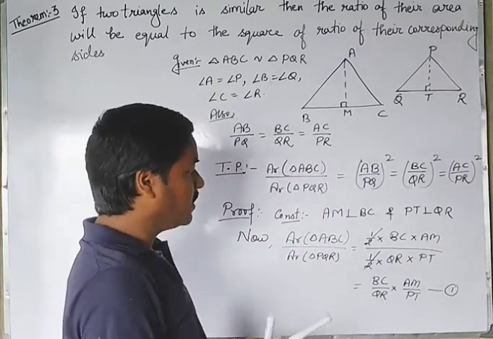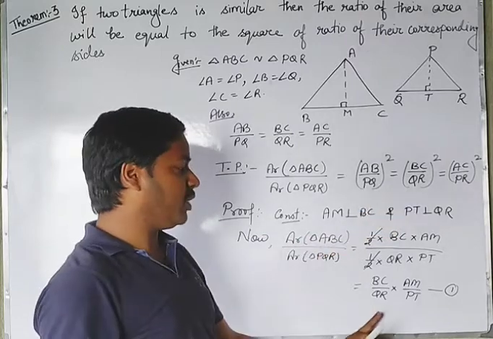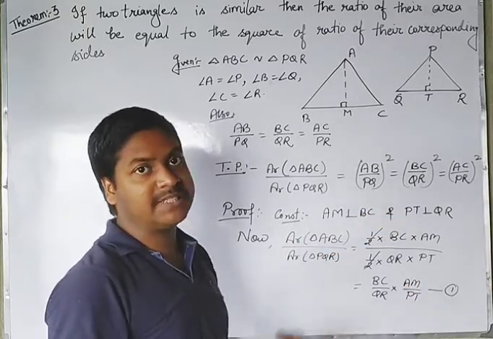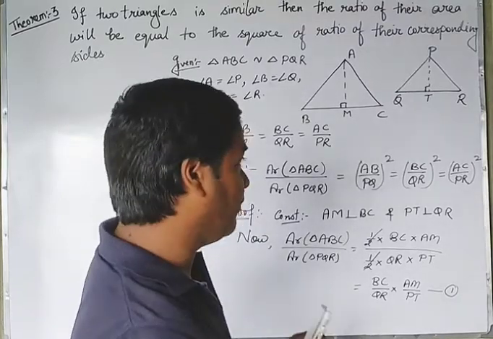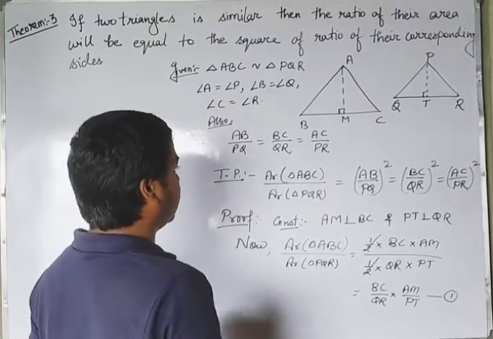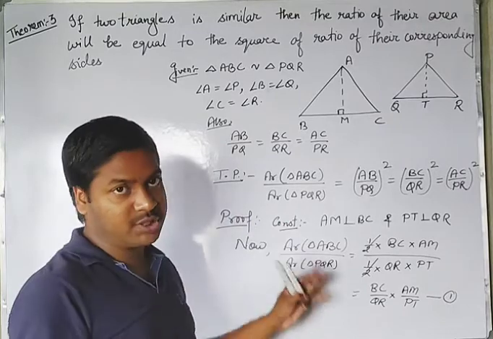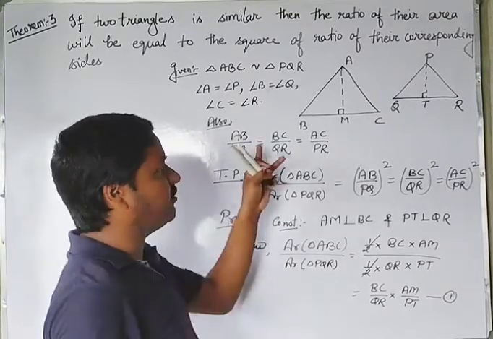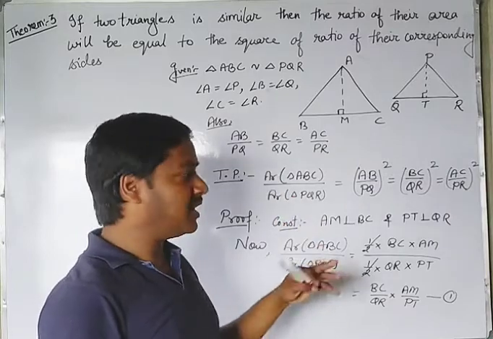Now we need BC by QR whole square. In place of AM by PT, we need to replace AM by PT. How will we replace it? Just see here, I am erasing some part, just note it down. From here to prove I am erasing so that the above part will be useful for the next process.